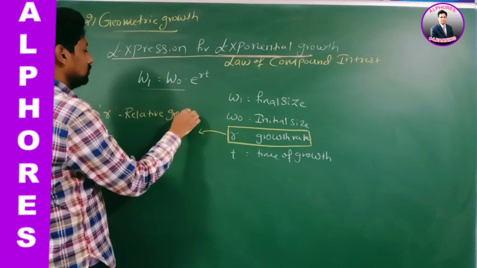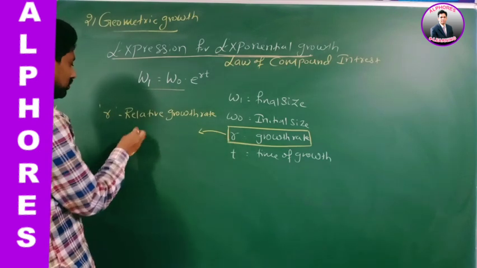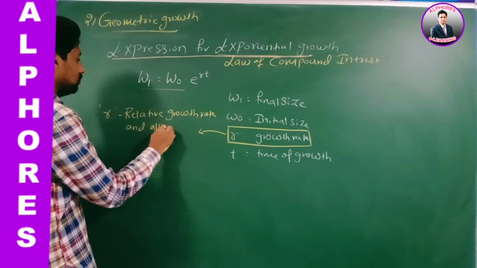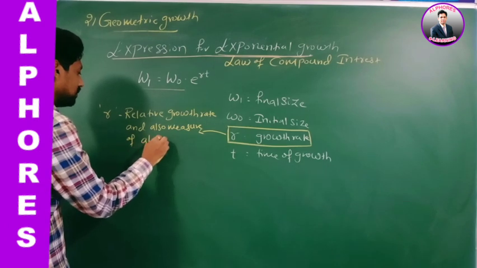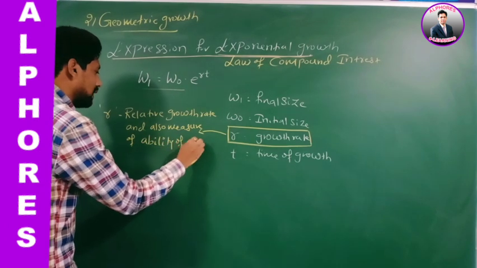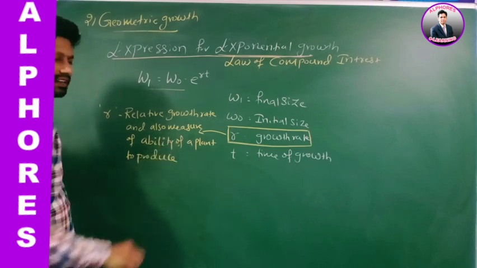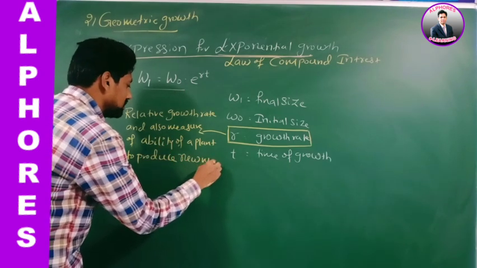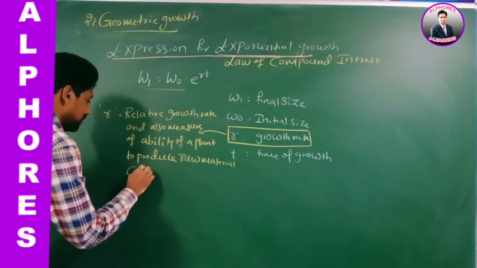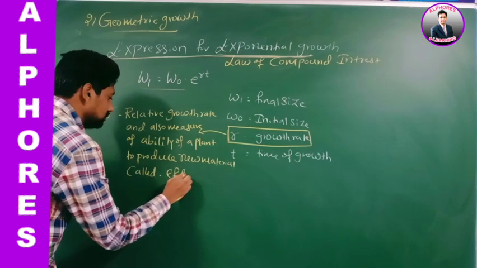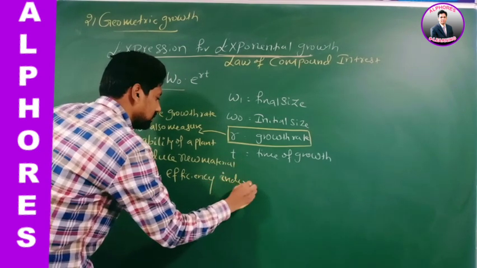This small r stands for relative growth rate, and it also measures the ability of a plant to produce new materials, called the efficiency index. Is this statement okay?